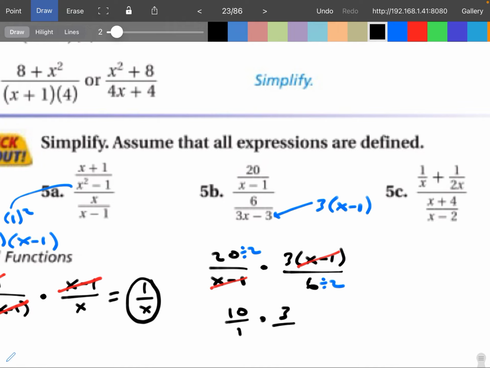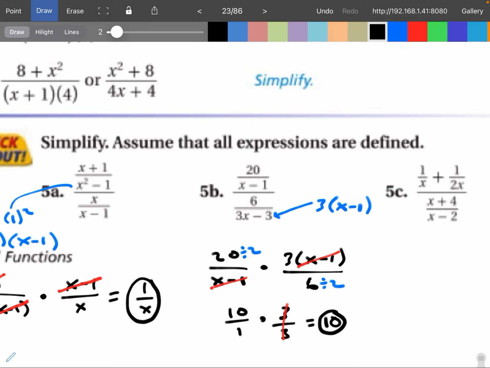And in the denominator, you got 6 divided by 2. That's also 3. Well, what happens with a 3 over 3? Yeah, that cancels out too. That's 1 right there. So you just end up with 10 over 1 times 1. Well, that's just 10. So your answer is 10.